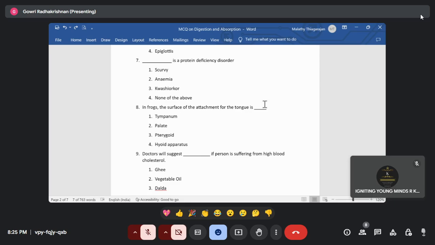So it's a very, very serious condition if it goes into a very severe deficiency. So the initial stage is what I'm talking about. So option number 3 is the right answer.